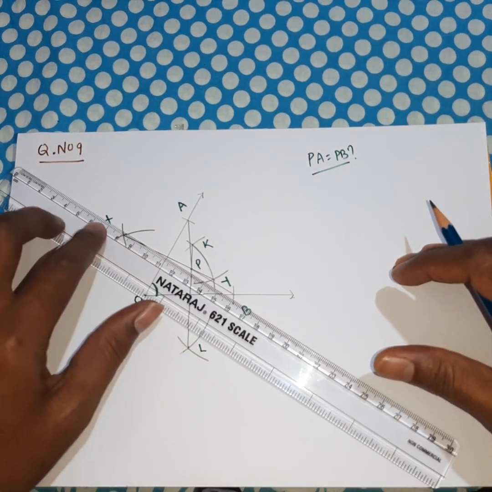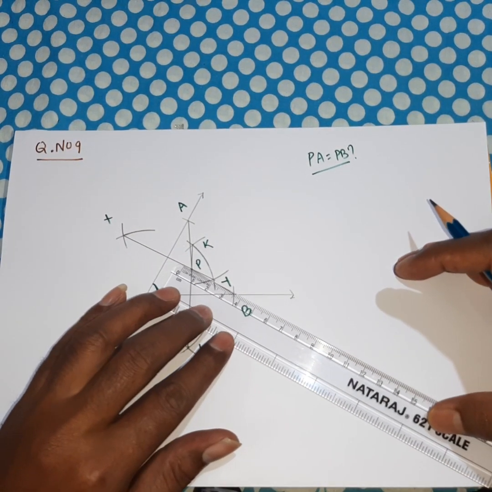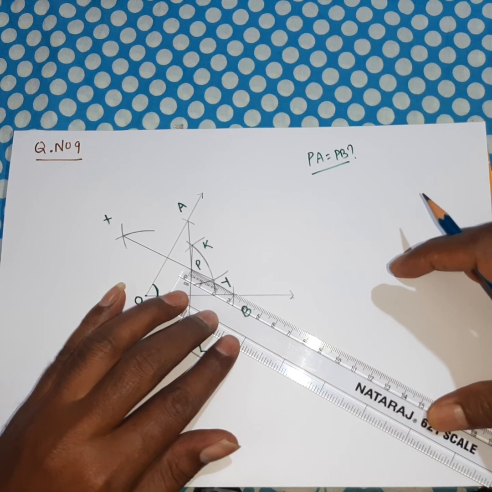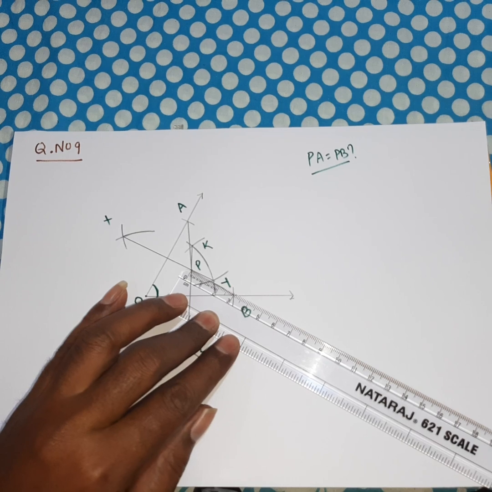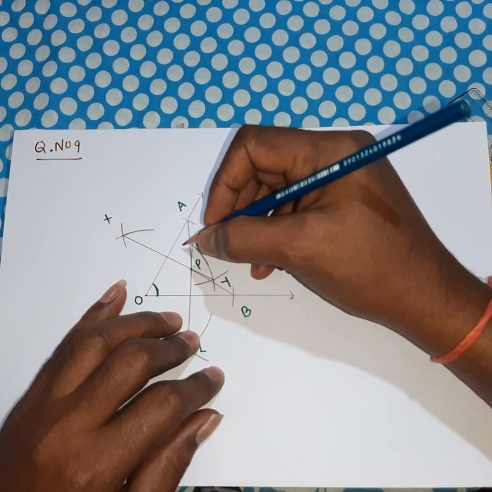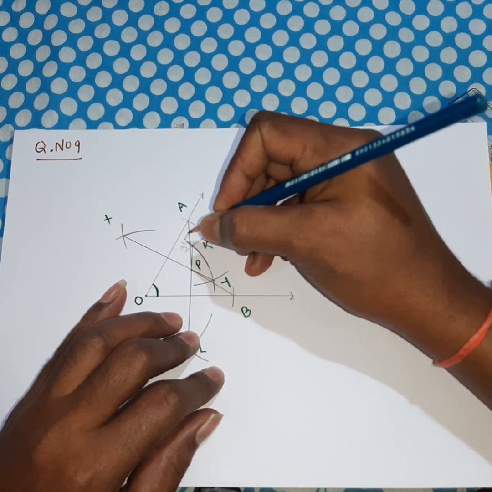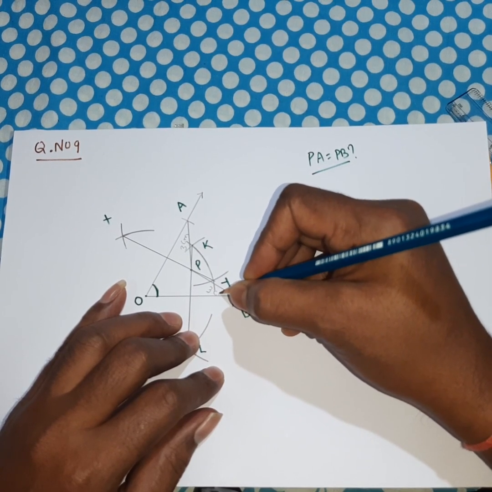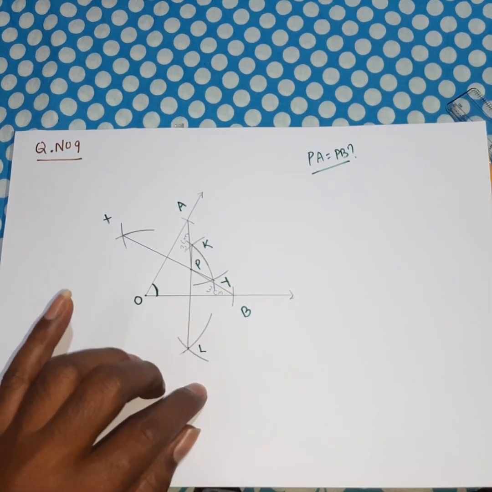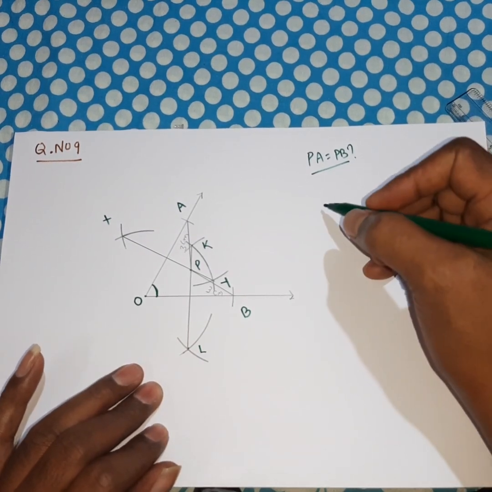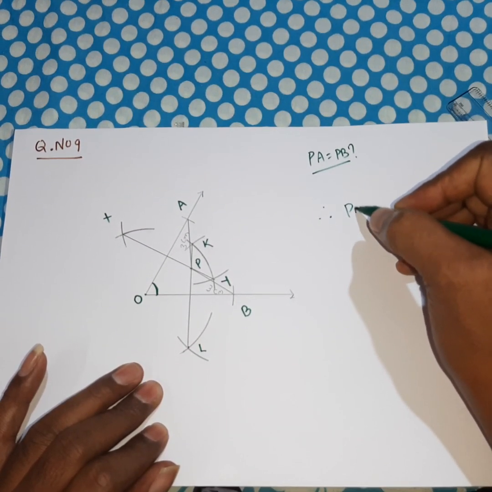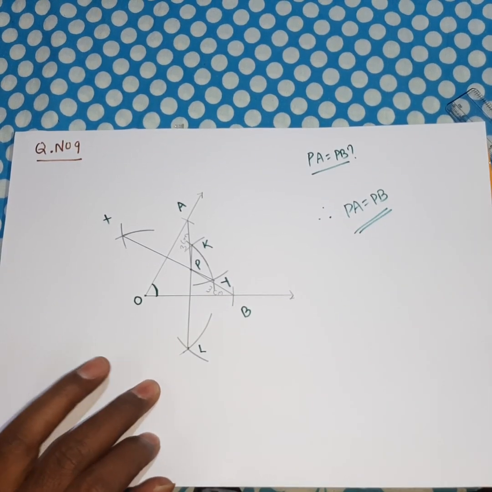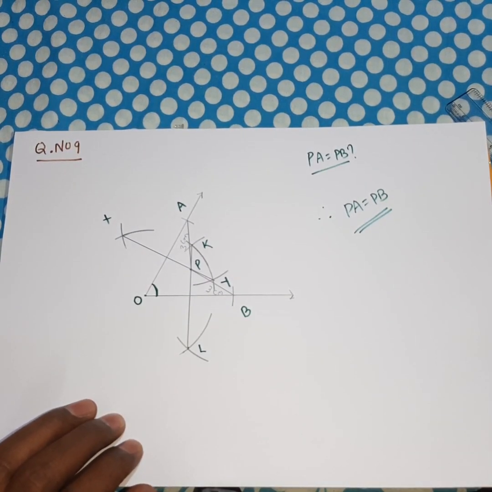Even PB, if you measure PB, is also exactly 3 centimeters. Right, children? So PA equal to PB, I got 3 centimeters. Here also 3 centimeters. Therefore, we got PA is equal to PB. Yes, it is correct. Did you understand, my dears?